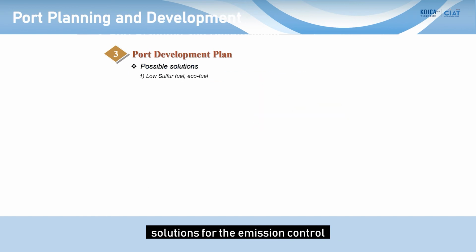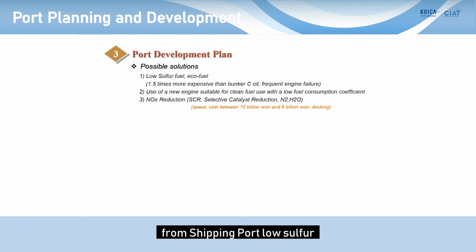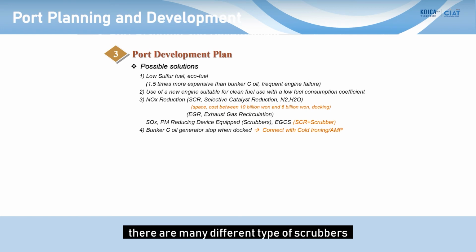There are possible solutions for emission control from ship and port. Lower sulfur fuel use, scrubbers. There are many different types of scrubbers. They reduce NOx, SOx, PM, etc., depending on the scrubber type. I'm not going to give a detailed description of this.